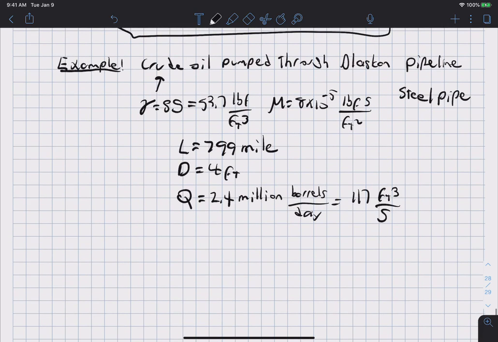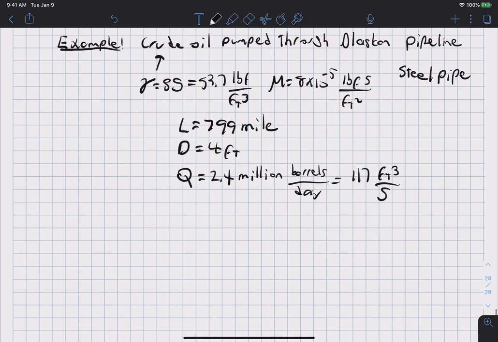And so what the problem is asking is, find the amount of pumping work that is required to move the oil through that pipeline.